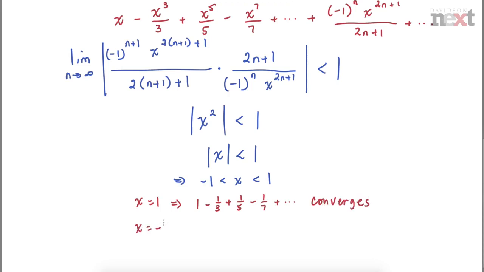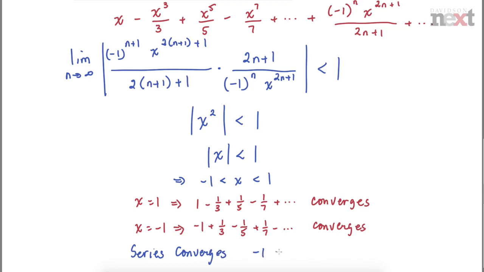And at the left endpoint, negative 1, we get the opposite of the same series. And so again, we have convergence. So now we can state the interval of convergence for this series. So our series converges for all values of x between -1 and 1 inclusive.